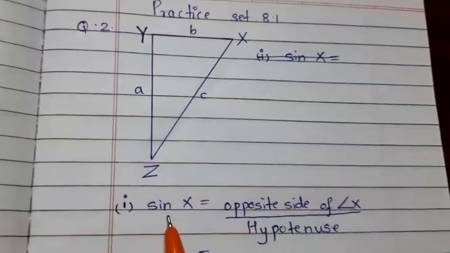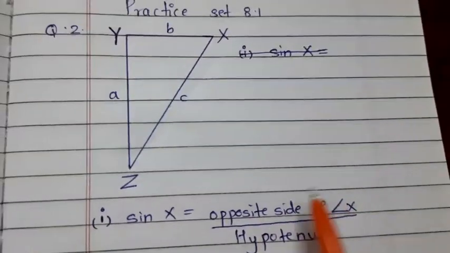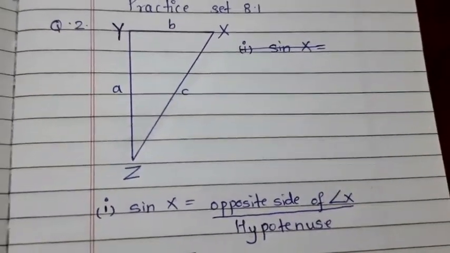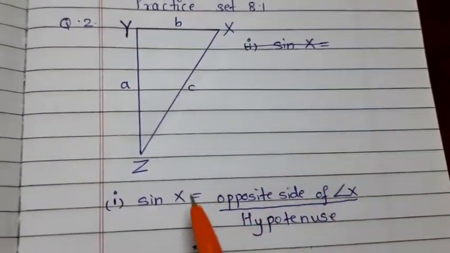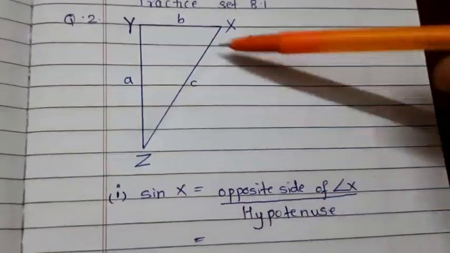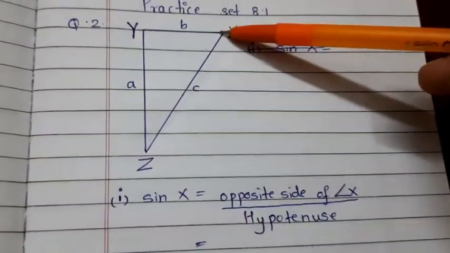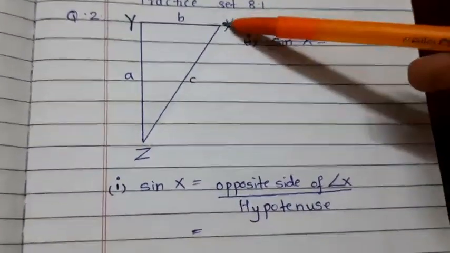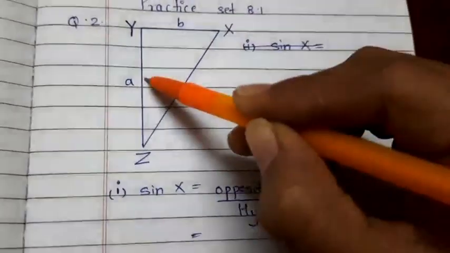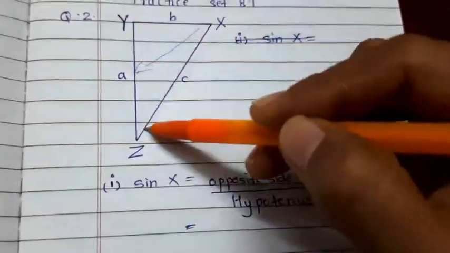Here first we will find sin X. So formula for sin X is opposite side of angle X upon hypotenuse. First let's see X. So this is your angle X. We have to find the opposite side of angle X. If this is angle X, opposite side is YZ.